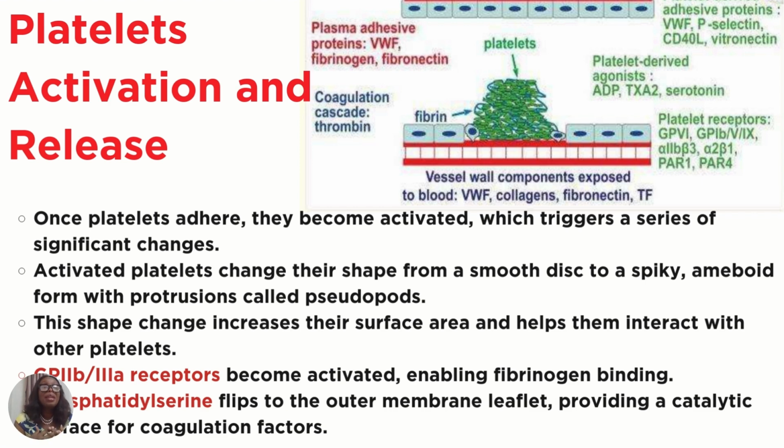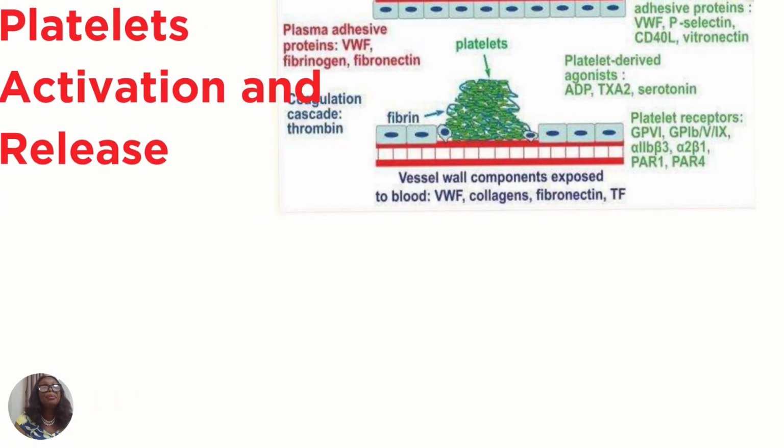As a result, they also activate other receptors found on the surface of the platelet. Receptors like glycoprotein 2B-3A, which are integrins, become activated and enable fibrinogen binding. Another thing is that phospholipids like phosphatidylserine flip to the outer membrane leaflet, providing a catalytic surface for the coagulation cascade.